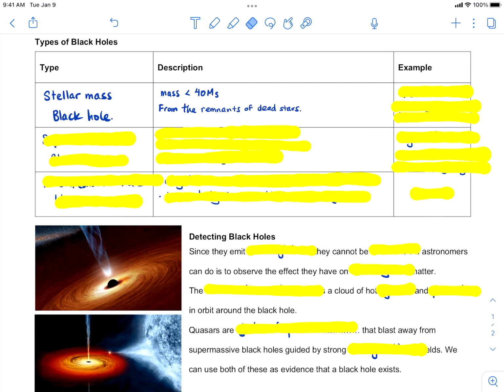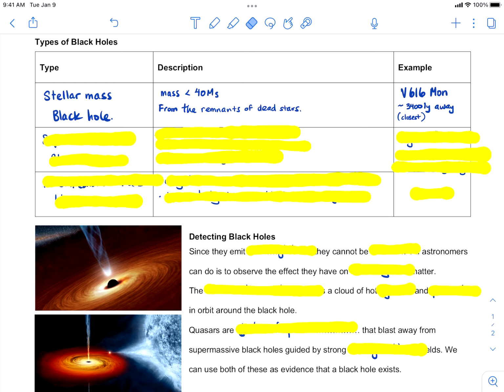That's why they're called stellar mass black holes, because they're the remnants of these dead stars. Okay? Most common, the closest one is V616 Mon, and it's about 3,400 light years away. So it's really far. It's the closest to us, and it's still in the Milky Way galaxy. But it's really, really, really far from us. Okay?